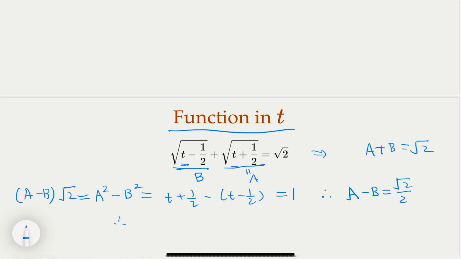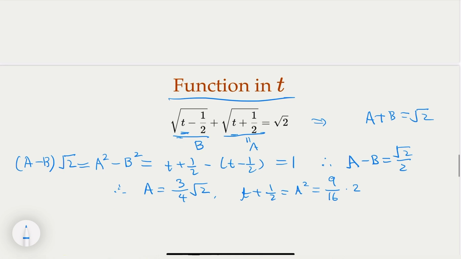A is going to be these added up, divided by 2, which is 3 over 4 square root of 2. And then you solve for t. So t plus 1/2 equals a squared, which would equal 9 over 16 times 2. So t is 5/8.